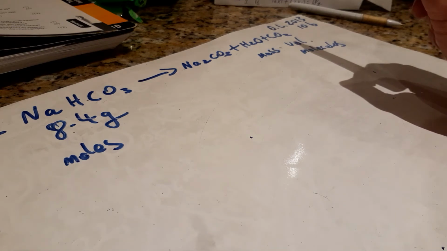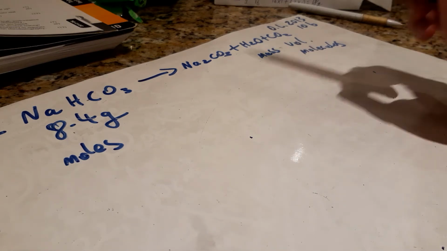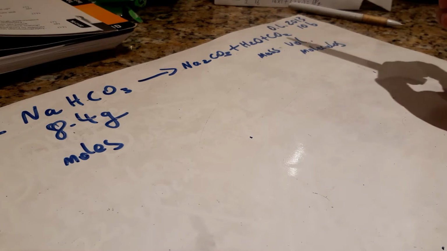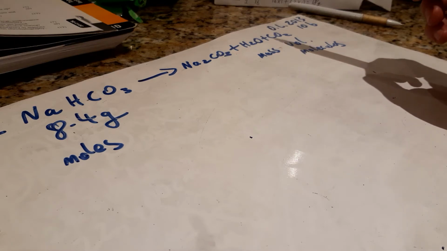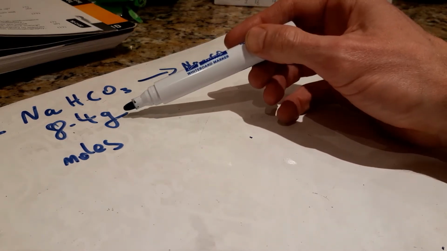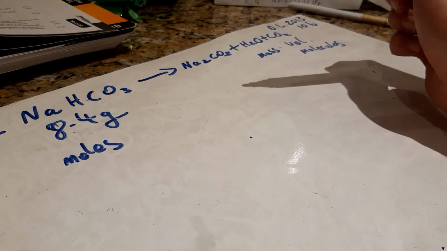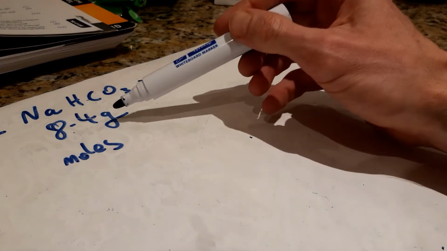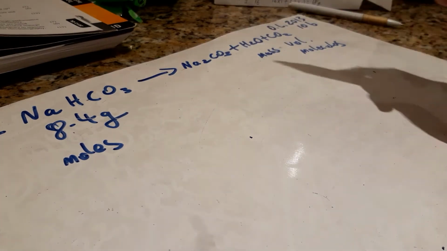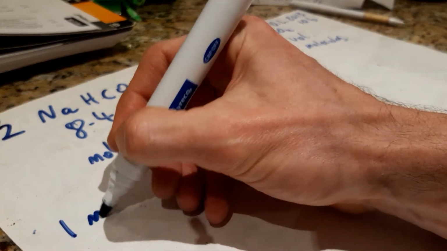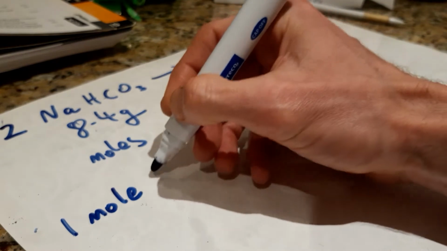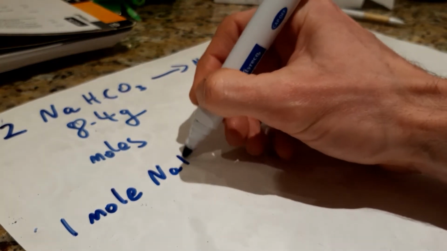The very first part of this question asks how many moles of sodium hydrogen carbonate were used up. So it's asking us to convert this mass into moles. As soon as we know that we've got mass, the first thing we do is go to our periodic table and find out what 1 mole of sodium hydrogen carbonate weighs.